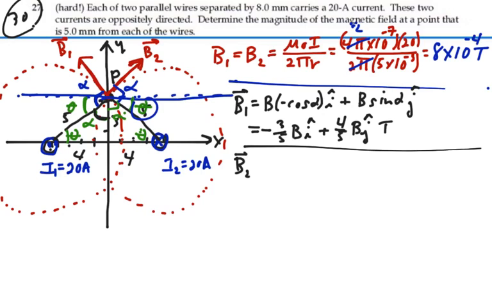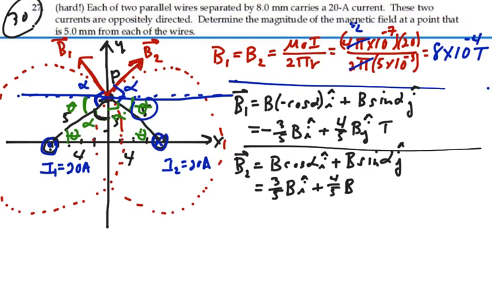B2 will be equal to B cosine alpha i plus B sine alpha j, and so that will be equal to 3/5 B i plus 4/5 B j. We can see that our x components are going to cancel out when we add these two fields together.